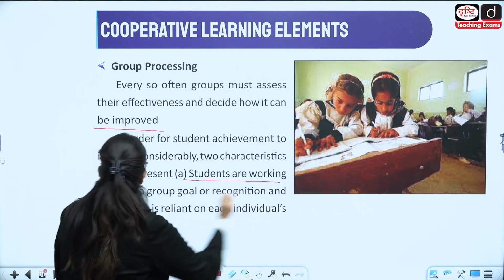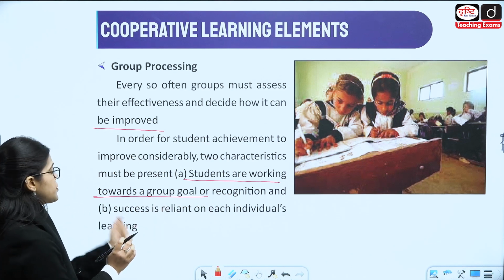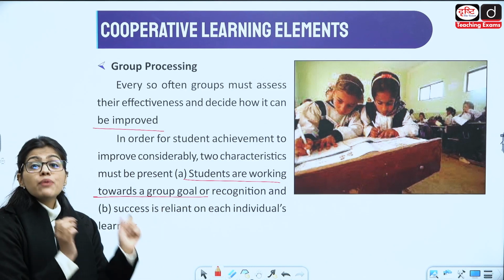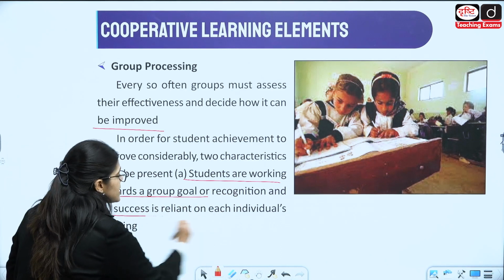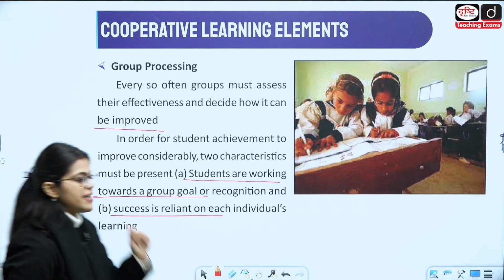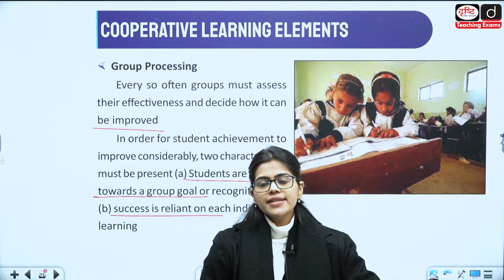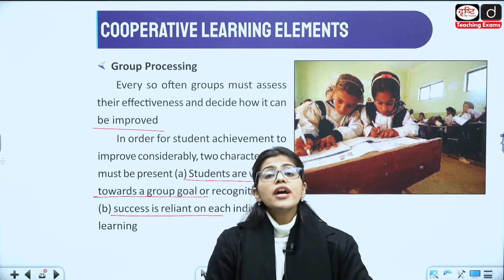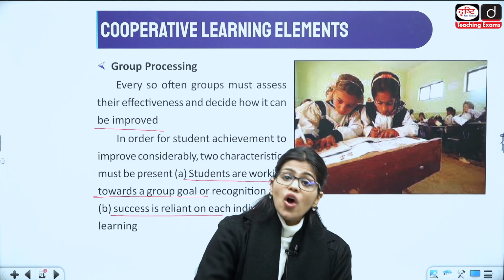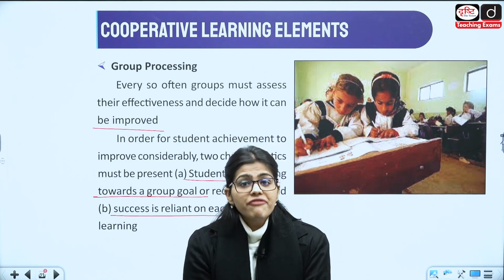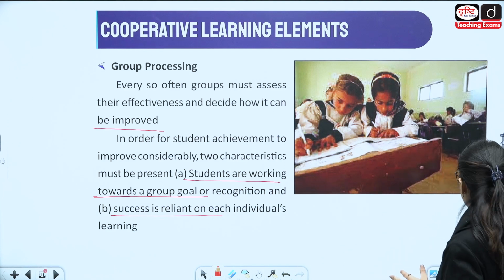The students are working towards a group goal, or recognition should be there. They should be working together so that they get recognition. Success is reliant on each individual's learning. It is not that if one person is educated, one person is working very hard and the others are not, then the group will win, because it's a joint effort. It is a group effort that we are talking about. This is cooperative learning.